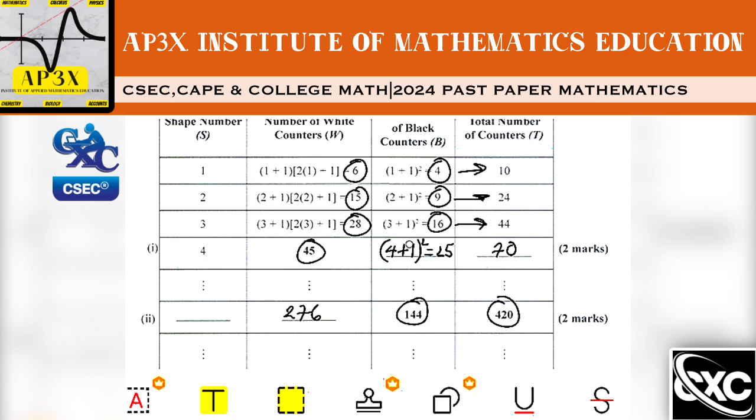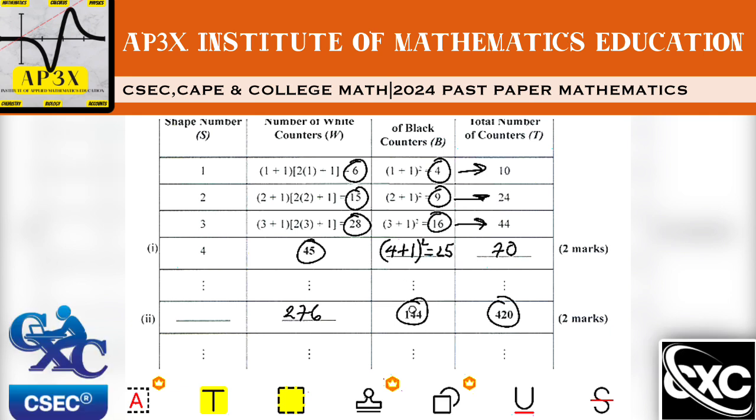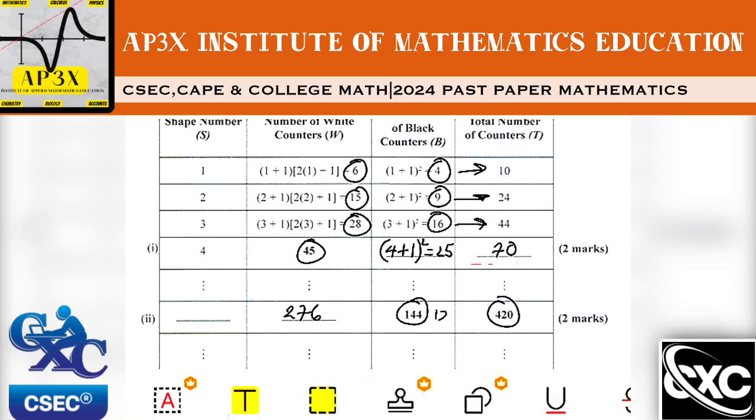I know that 4 plus 1 is 5 squared, so maybe it is going to be 11 plus 1. Because if this is 4 and we add 1, then I know that 144 we know for certain is 12 squared. That's what we know for certain.